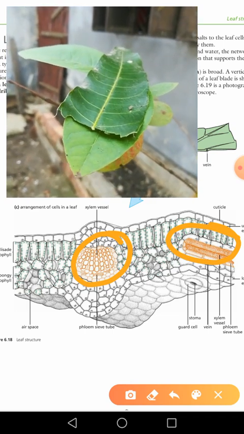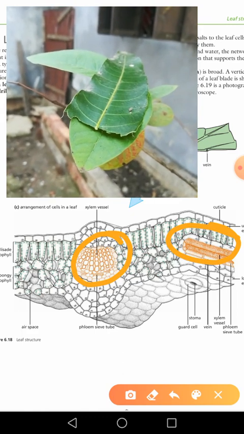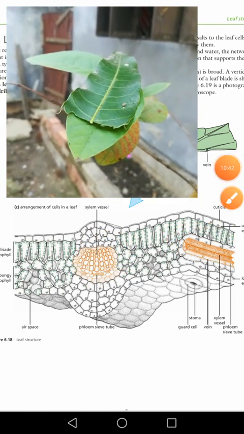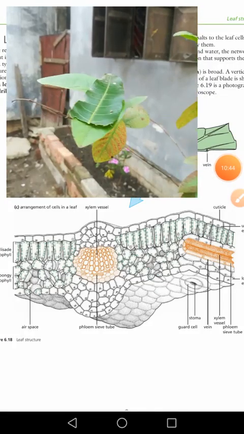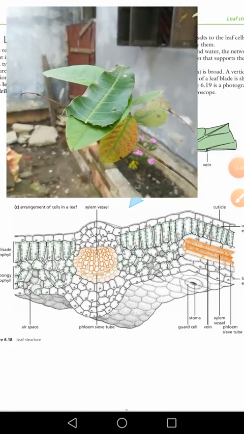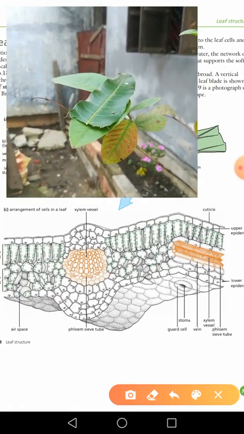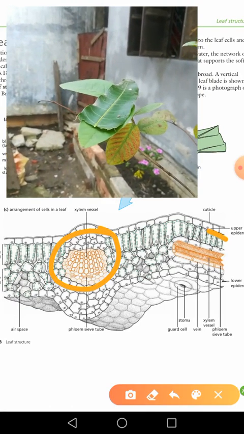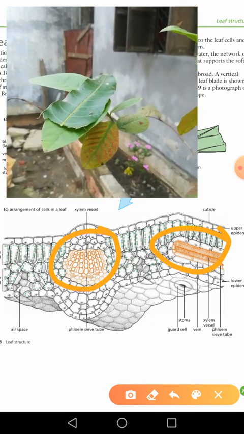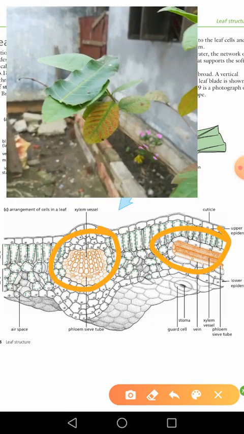Look at the brownish regions. The midrib and the vein contain these things. So what is going on is that, look at these parts, we have two kinds of tissues, one of them being the xylem and the other one is known as the phloem.